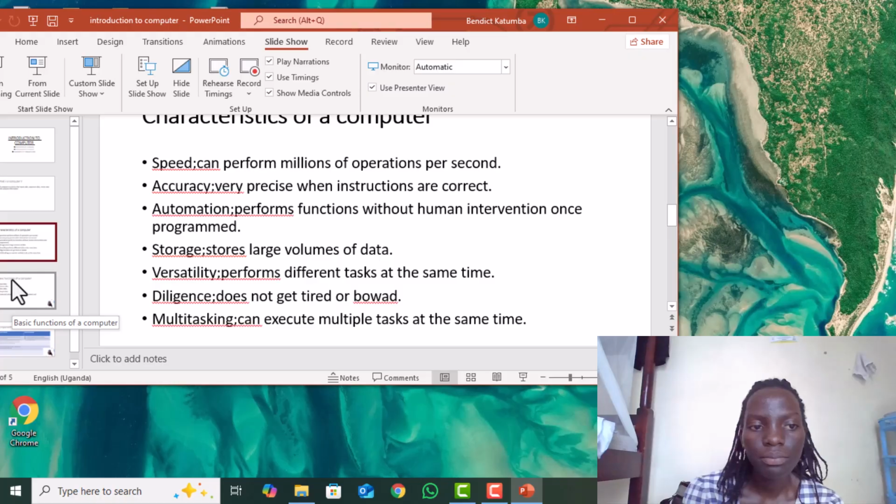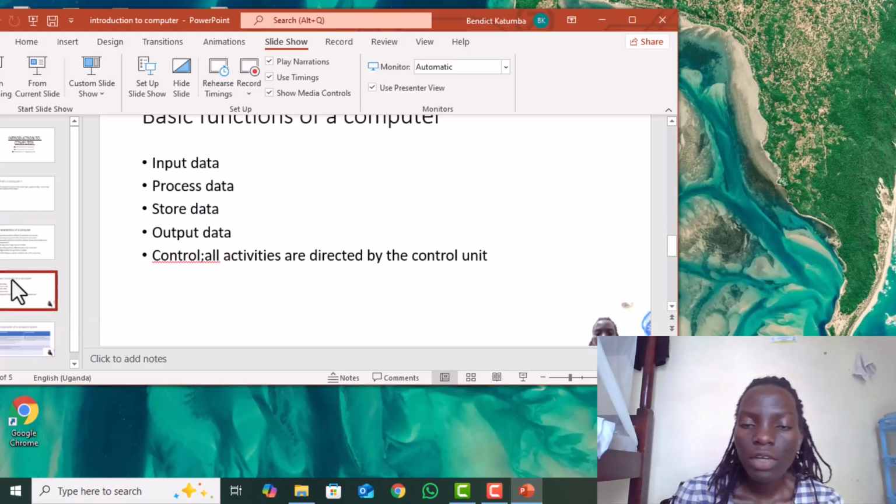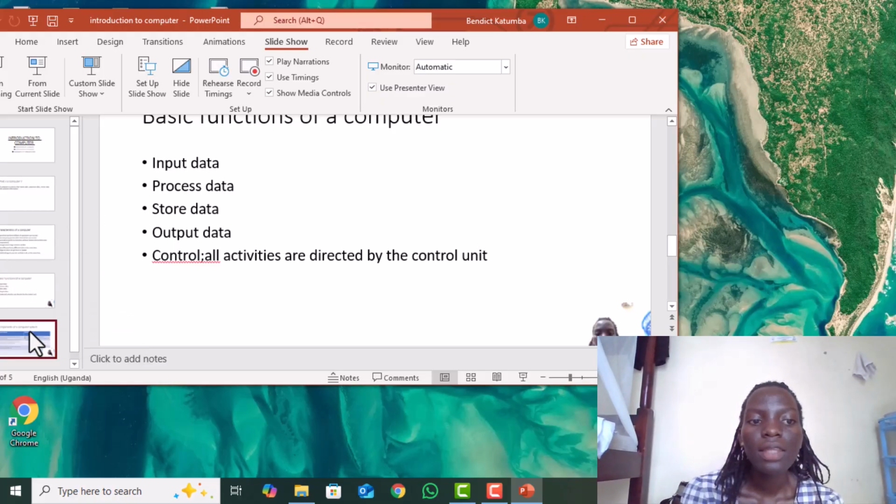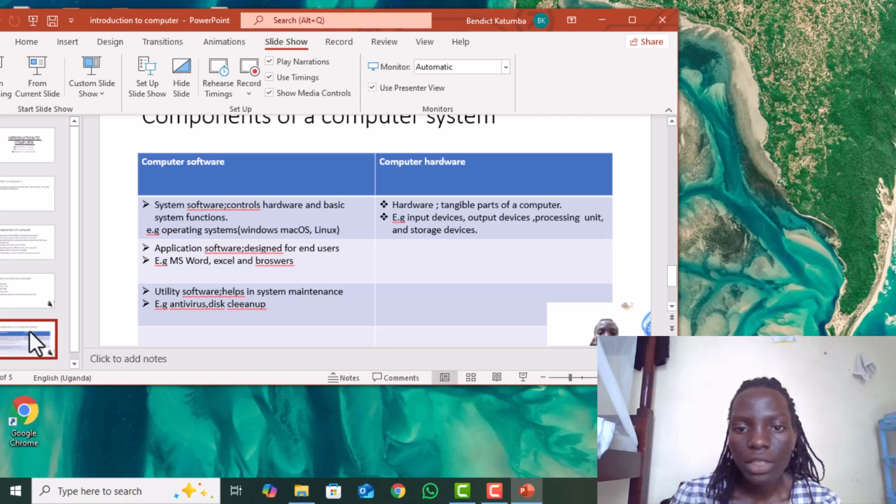So basic functions of a computer is basically to input data, as we said in the definition, to process, store, output, and again, it controls activities directed by the CPU. Then again, we have components of a computer. We have computer software and computer hardware.